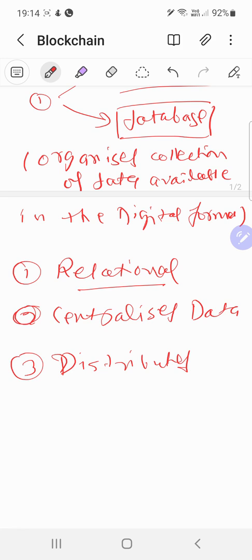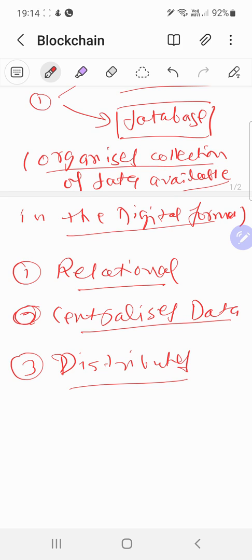And a database is nothing but an organized collection of data available in digital format, right? I'll not go into relational and centralized databases; I'll come directly to the distributed database.